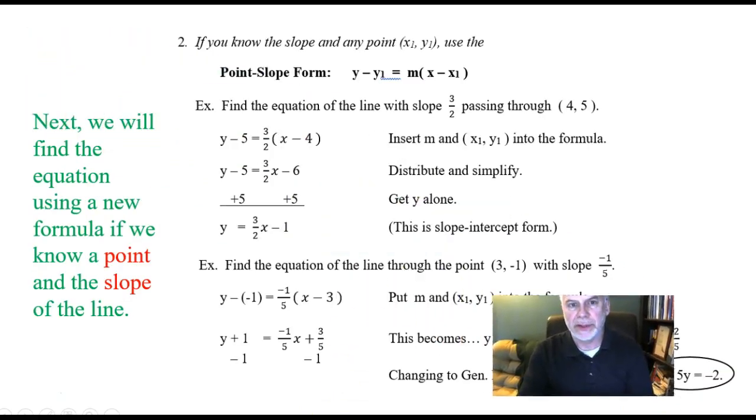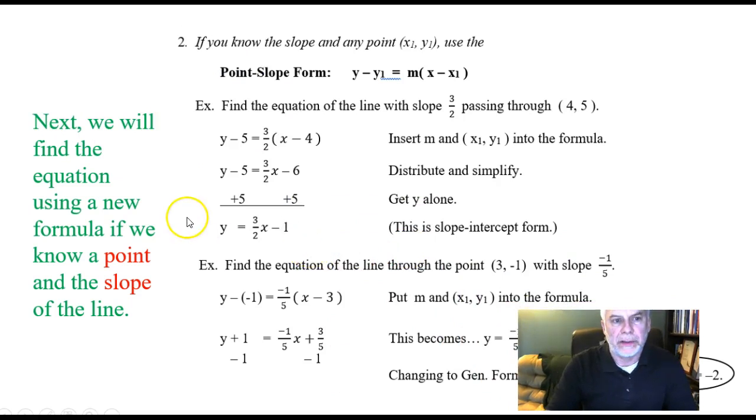And then another situation, we'll find an equation using a new formula, the point-slope formula. And this is used when you know a point on the line and the slope of the line. You've got to know those two things to use this formula. So the point-slope formula is, now we're calling the point x1, y1.